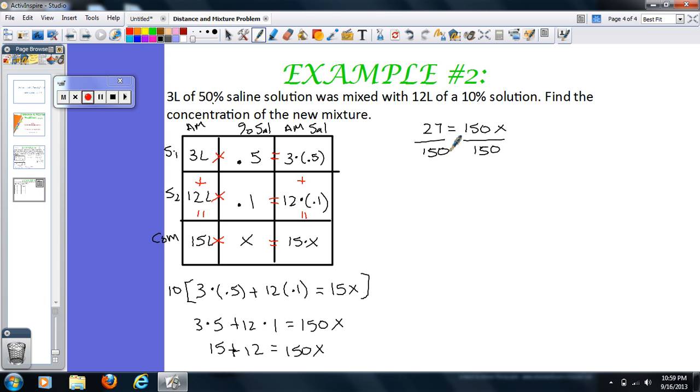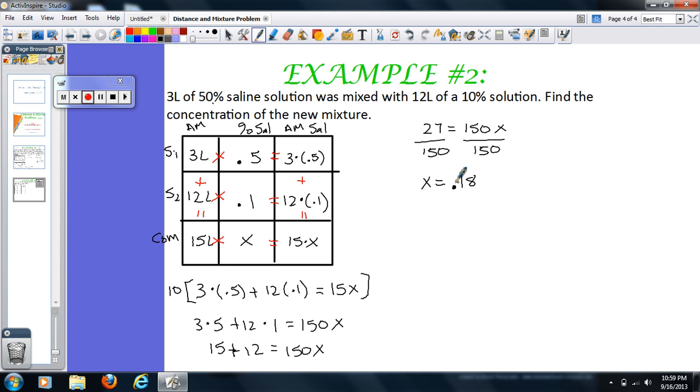You could do long division, but the new Common Core approach encourages calculator use, so there is nothing wrong with pulling out a calculator and doing 27 divided by 150, which gives the decimal x equals 0.18.